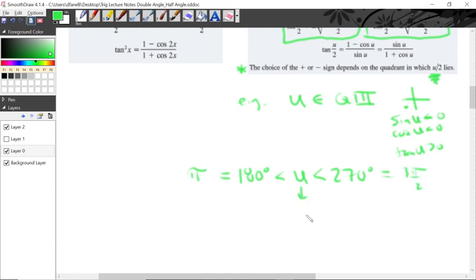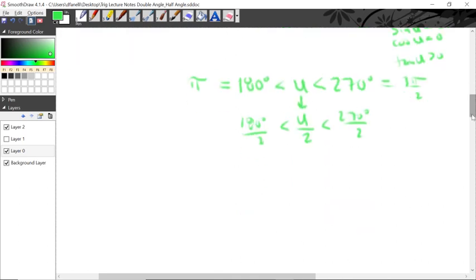Now, using that, how do we find out where half of u would be bounded? Okay? Well, we can solve this inequality. To take half of u, we can take half of the 180 degrees. Okay? And we can take half of the 270 degrees. Okay? And that establishes that u over 2, the half angle, would be between 90 degrees and 135 degrees then.